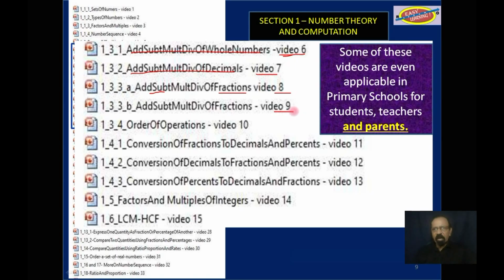And then video 9, multiply and divide fractions. Work done in grades 5 and 6 in the primary school. And so on. So there is much help here for students in the primary school, for teachers in the primary school, and for some parents who don't feel comfortable teaching their children this type of mathematics.